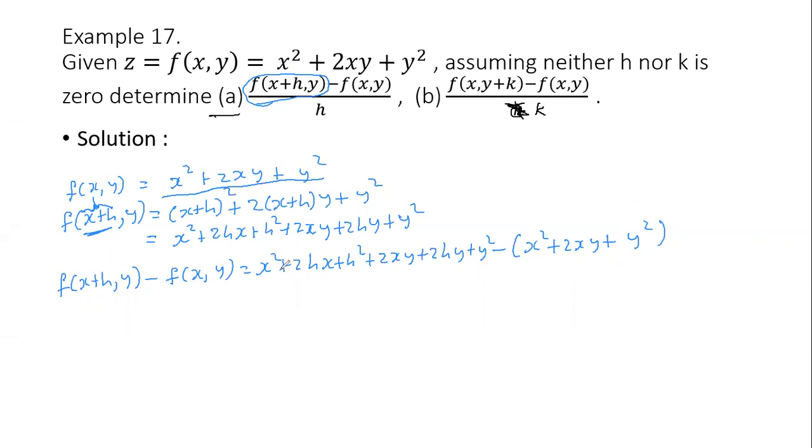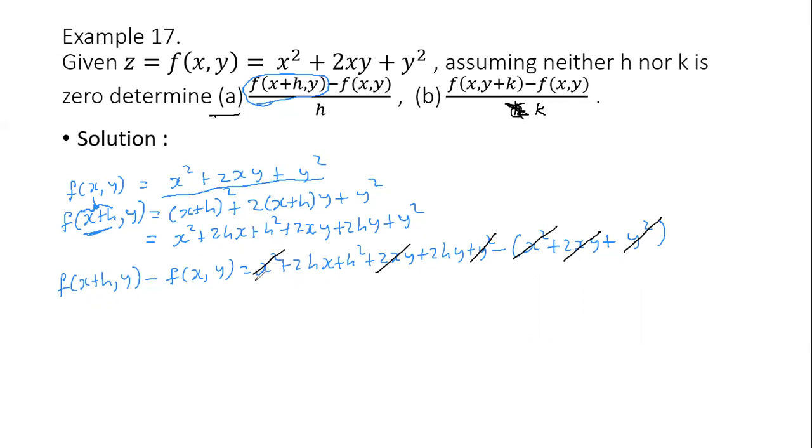Okay, let's simplify this. Choose a different color to simplify. Positive x square and negative x square cancel out. Positive 2xy and negative 2xy cancel out. Positive y square cancels with negative y square.